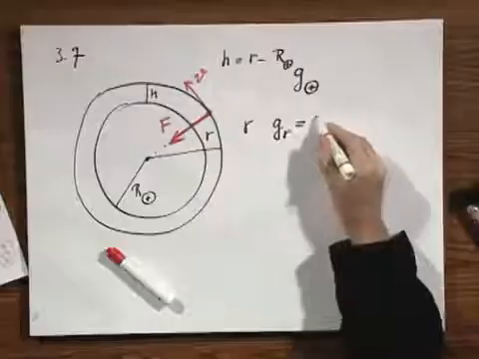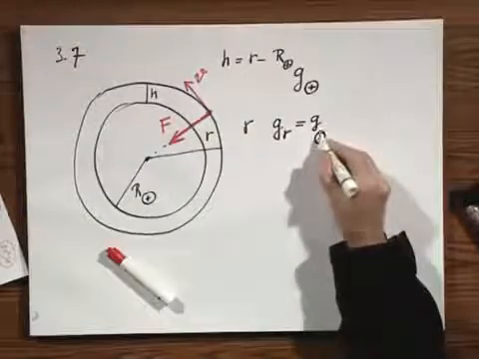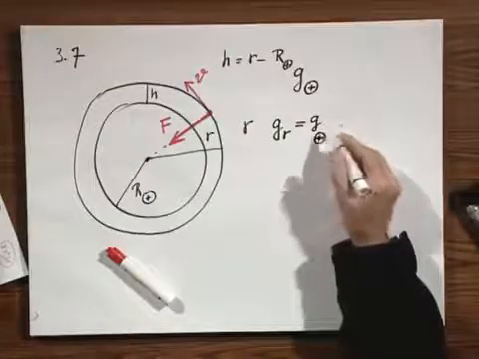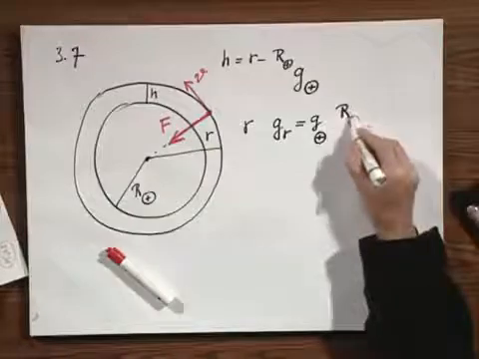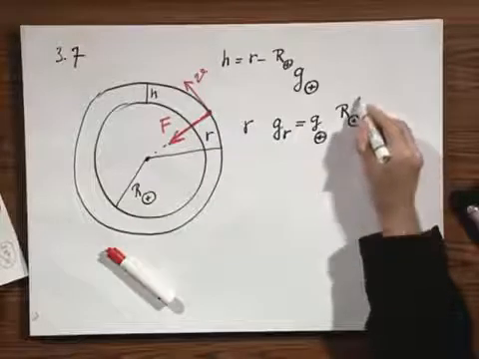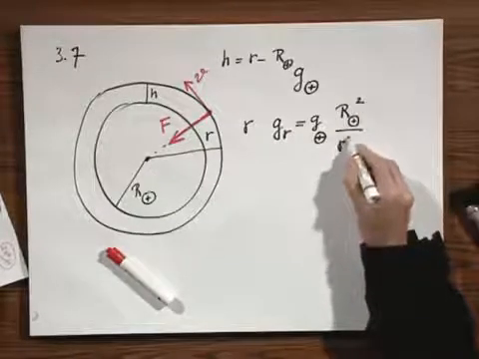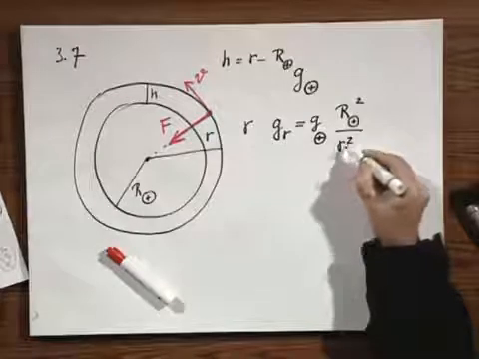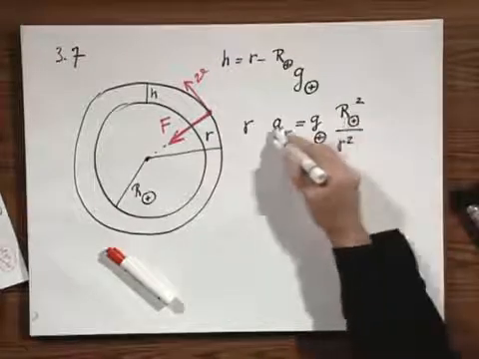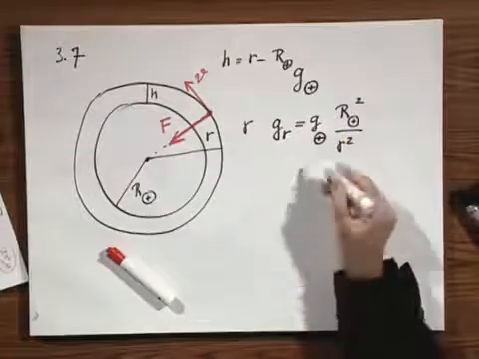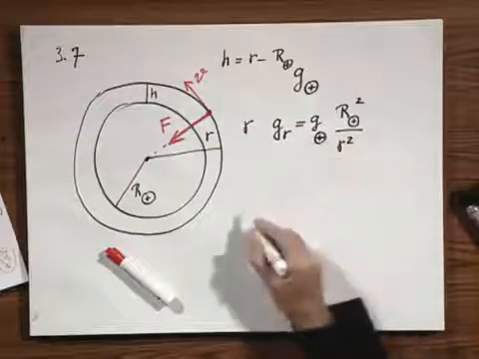And the gravitational acceleration, just like the gravitational force, goes as inverse r squared. And so this value equals the value that you would have measured right at the surface of the Earth times R Earth squared divided by r squared. Notice, since r is larger than this capital R, this value is smaller than the gravitational acceleration at Earth.